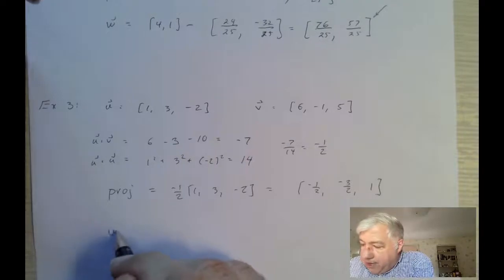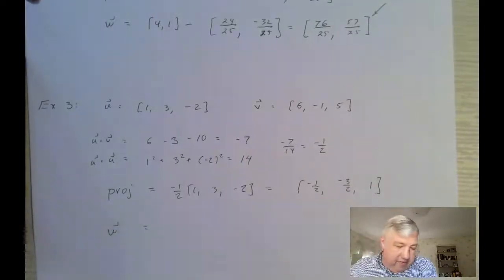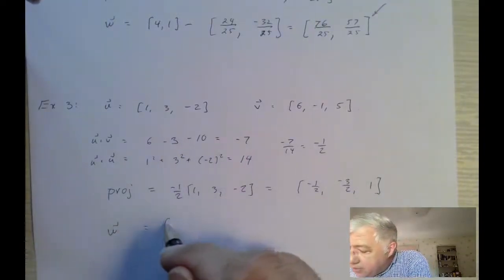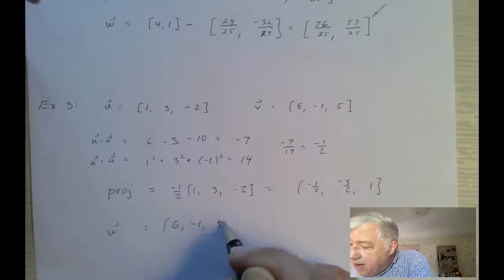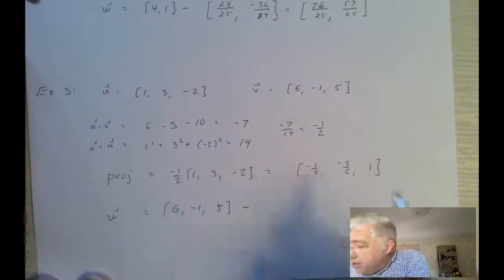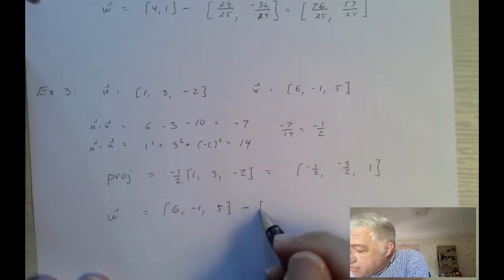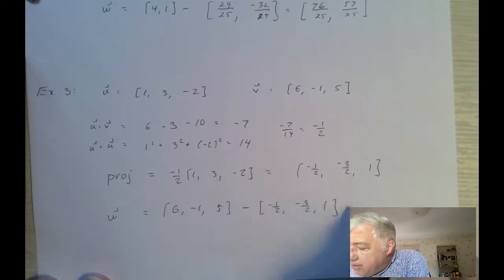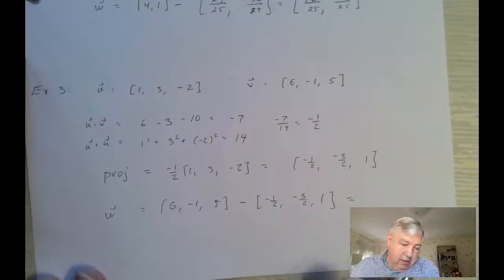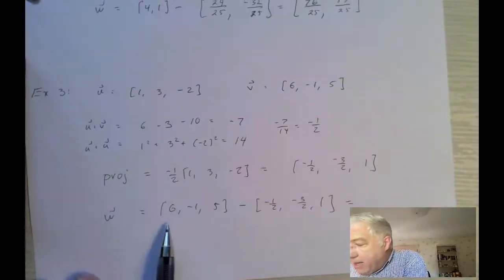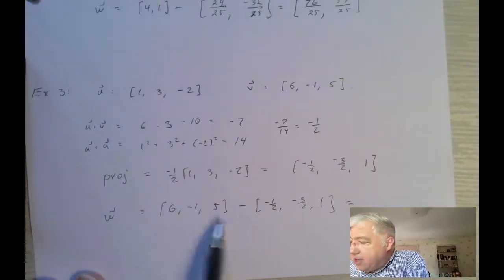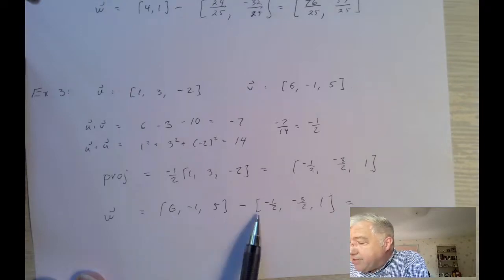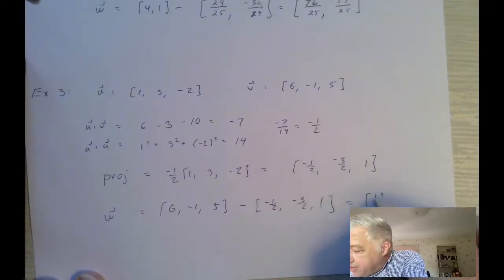And then the W vector will be 6, negative 1, 5, minus negative 1/2, negative 3/2, 1. Okay, which I believe, let's see, again doing some fractions, this is 6 plus 12 halves plus 1/2, that's 13 halves.